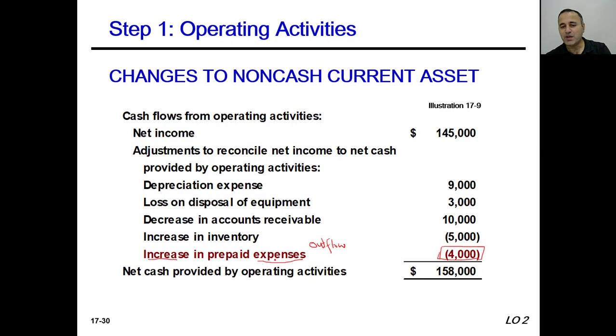As I said, prepaid expense is an outflow. That's why it is in parentheses, so you have to subtract it. My net cash provided by operating activities is now reduced to $158,000. So we have to add these three items and then subtract these two items.